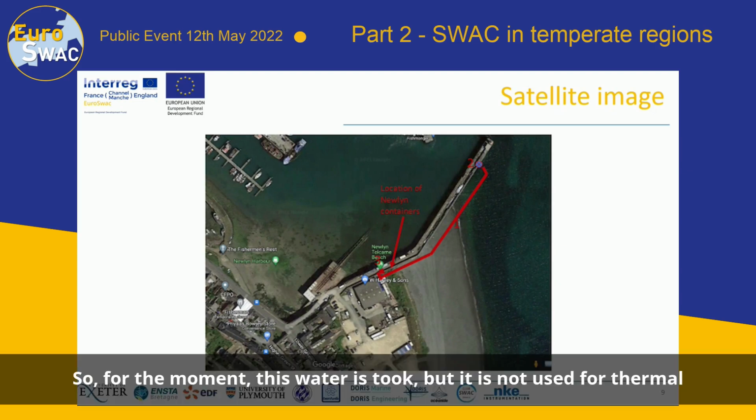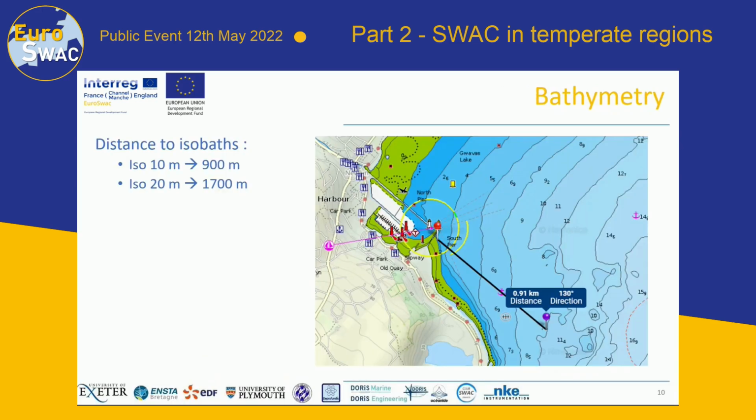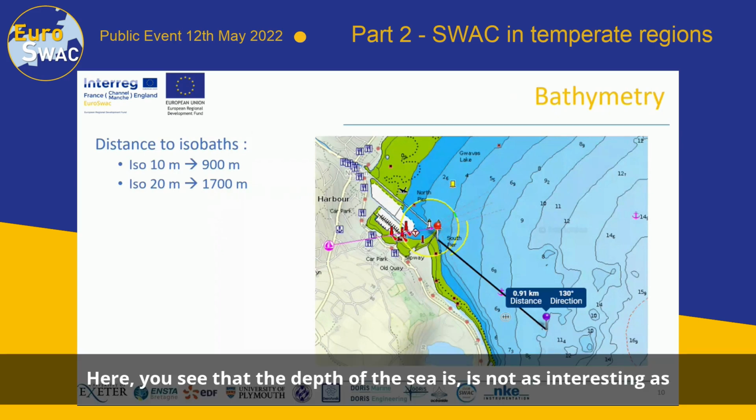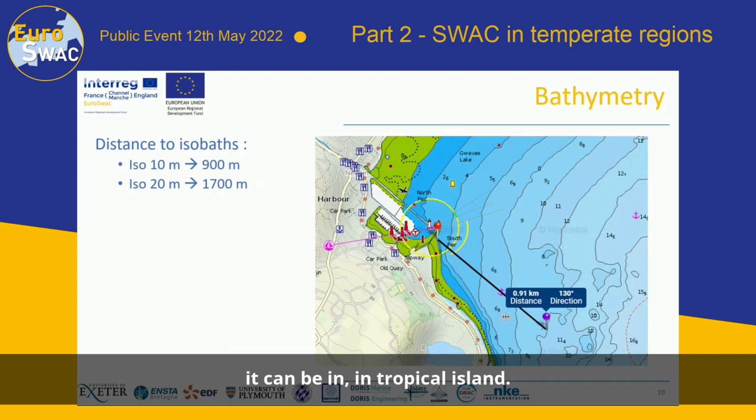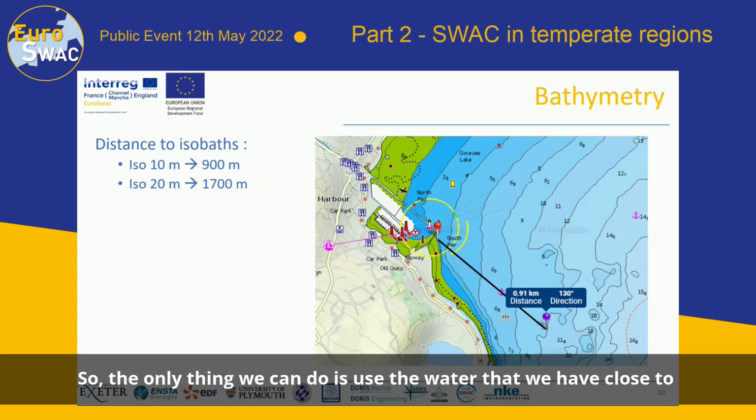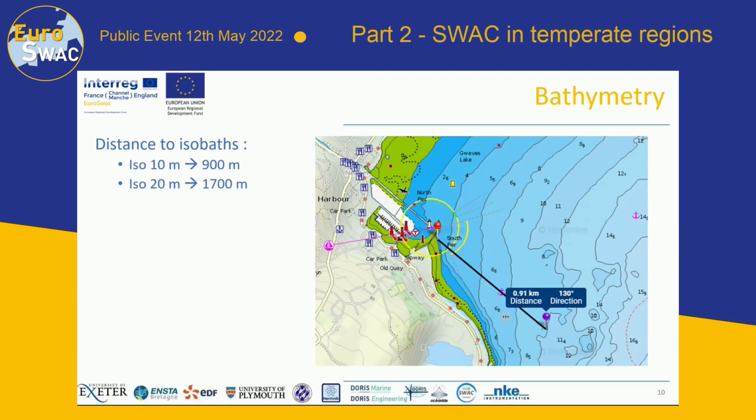For the moment, this water is taken, but it is not used for a thermal process. Here you see that the depth of the sea is not as interesting as it can be in tropical islands. We cannot go to deep sea, so the only thing we can do is use the water that we have close to our site.